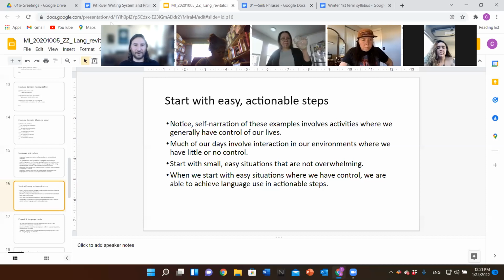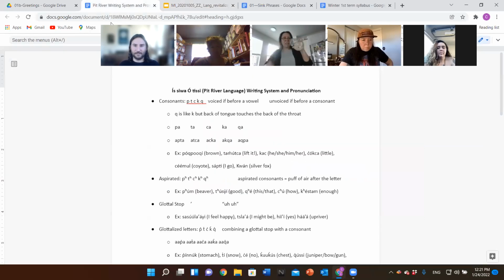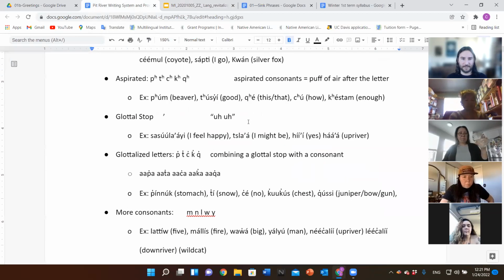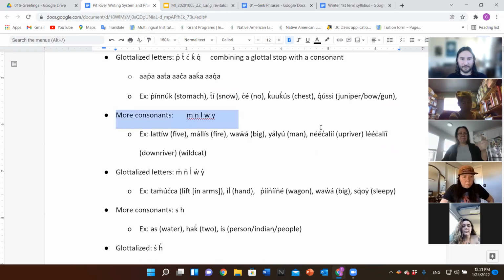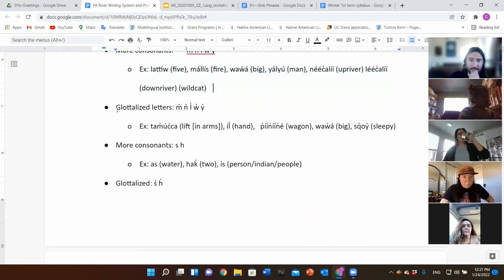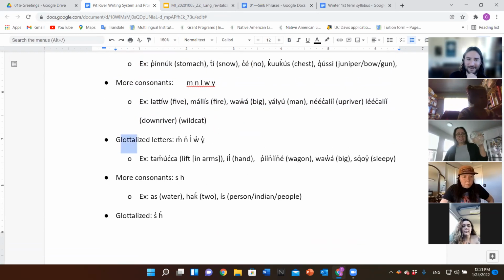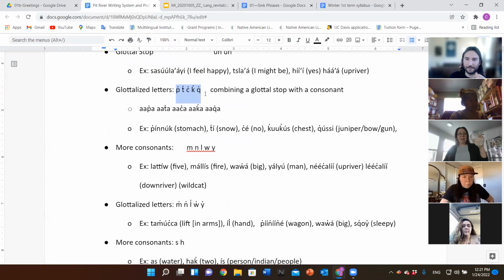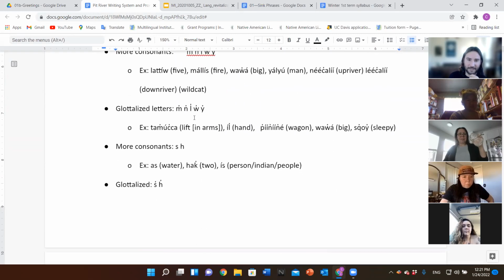All right, so let's do some more of the alphabet. I believe we left off on this last time. Next we've got the glottalized version of M, N, L, W, Y. If you remember from up here, it's combining a glottal stop with the letter.